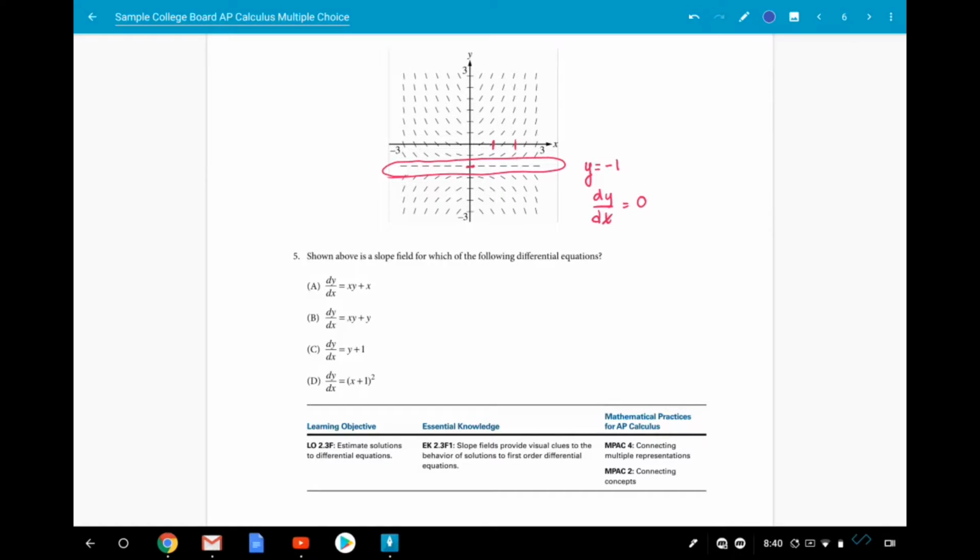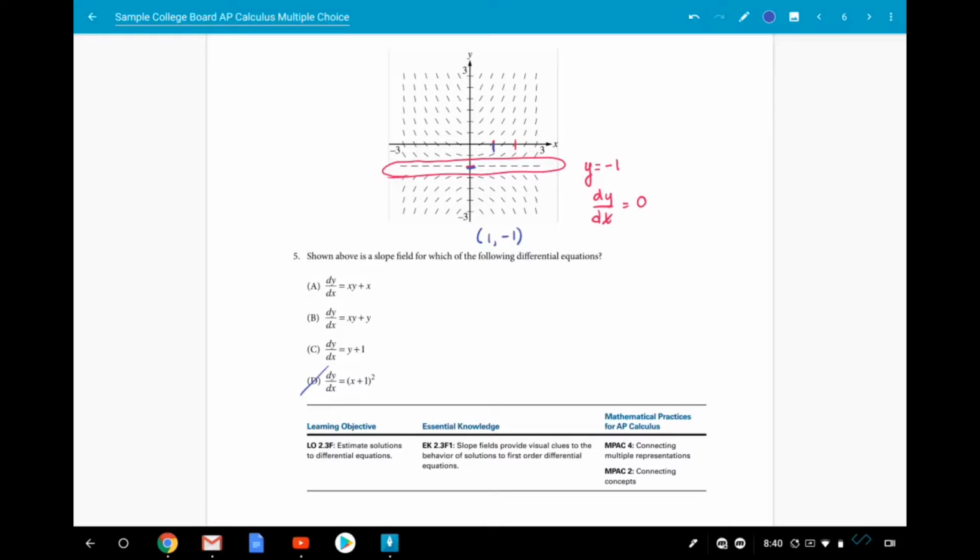Now, we know that when y is equal to -1, the slope is 0, so the function must have a y in it. For example, D cannot be the answer because there's no place for me to put a -1 for the y and to get a derivative of 0. So over here, for example, this is the point 1, -1.